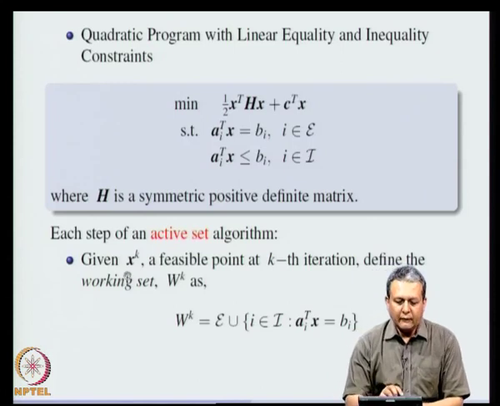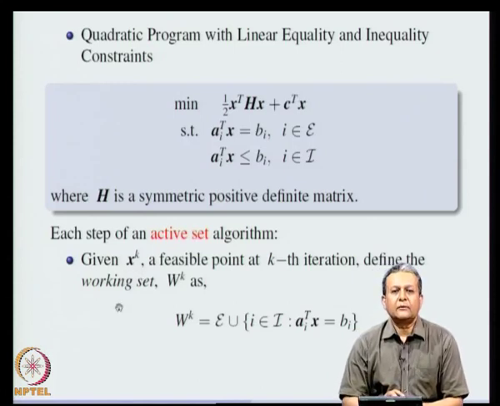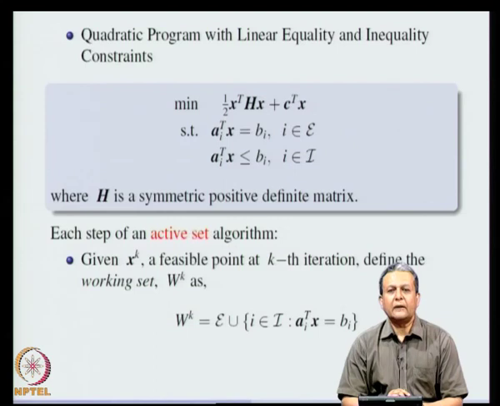Given xk, which is a feasible point at the kth iteration of the algorithm, let us define the working set Wk to be the set of all equality constraints and the set of all inequality constraints which are satisfied with equality. So, the union of these two sets would determine the working set Wk at the kth iteration.